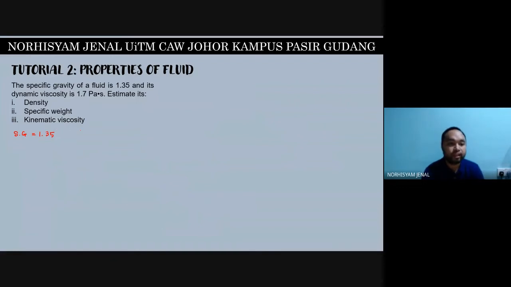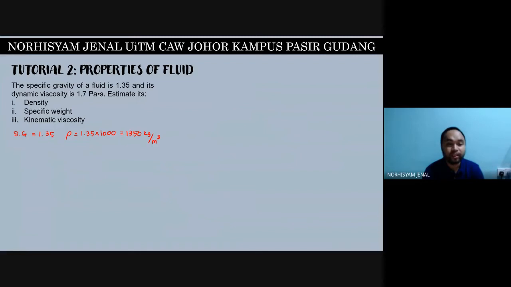It means that the density for the fluid should be equal to 1.35 multiplied by 1000, so it should equal 1350 kg per meter cube, right? So that will be the density of the question. Oh, the density is one part of the question also.